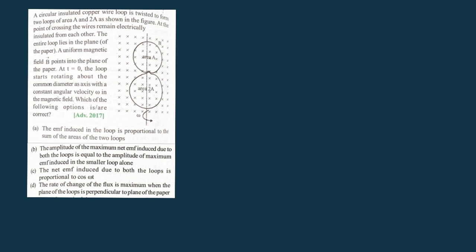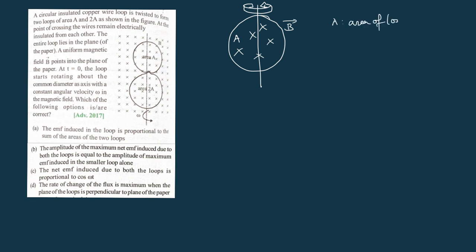in the magnetic field. So if you have only one loop like this, suppose I am having one loop and there is a magnetic field going into the plane of the paper, and say this loop rotates in this direction. So actually if you see, if A is the area of the loop, then at a certain time, now I'll go to another view.